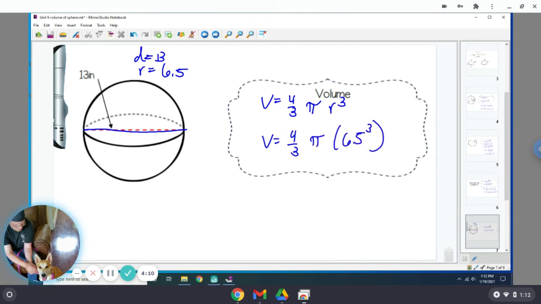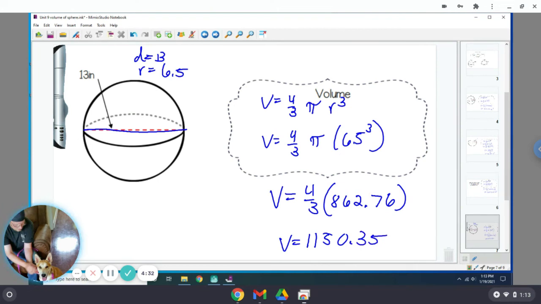So I'm going to do pi times 6.5 cubed. And then I'm going to multiply that by 4/3. And you get 1,150.35 inches cubed.